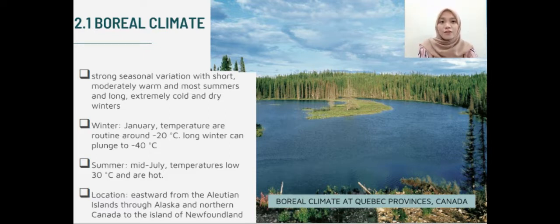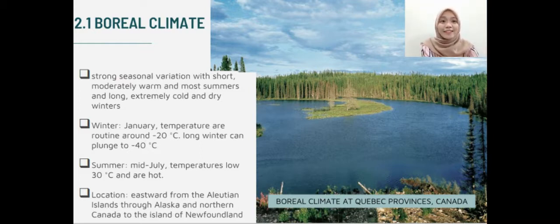Different species of trees tend to dominate in different regions. For example, in the North America region, there are only spruces. Take a look at the picture. It is one of the examples of the boreal climate, which is located in Quebec province, Canada.